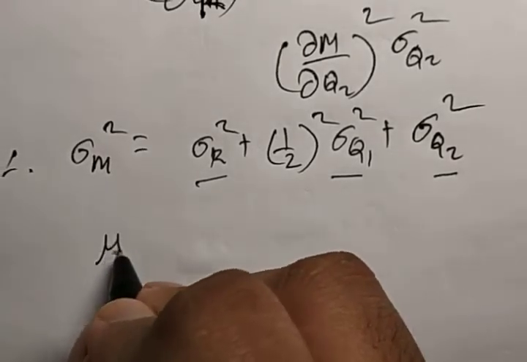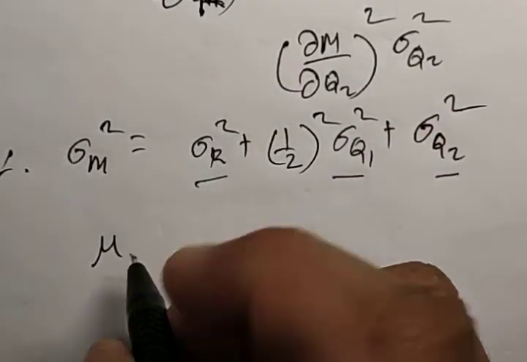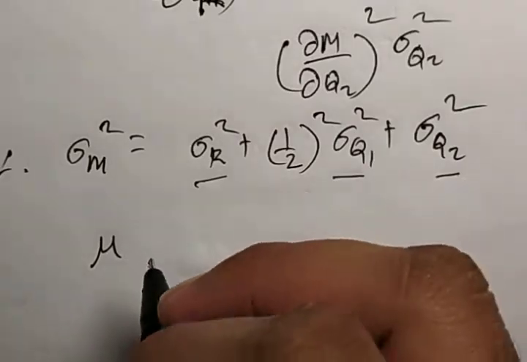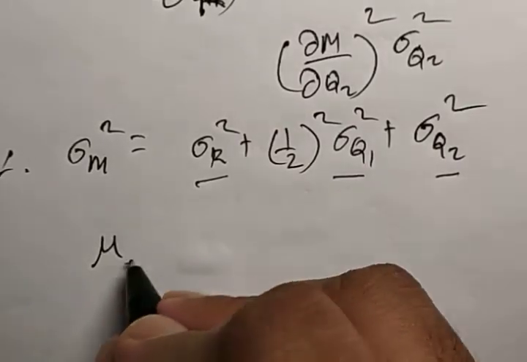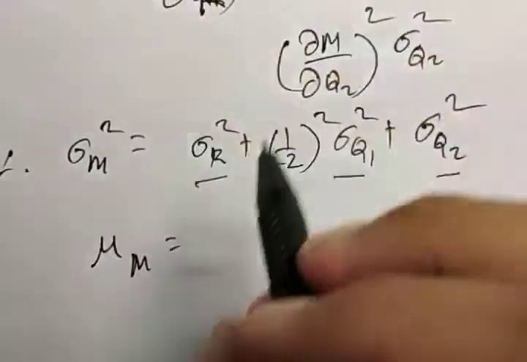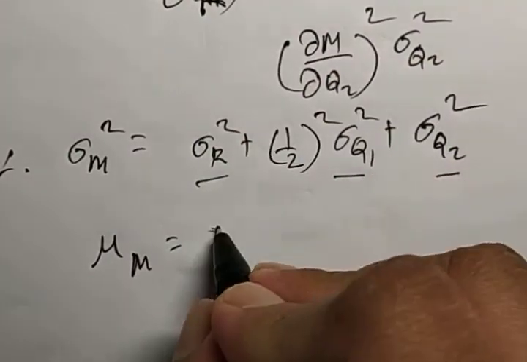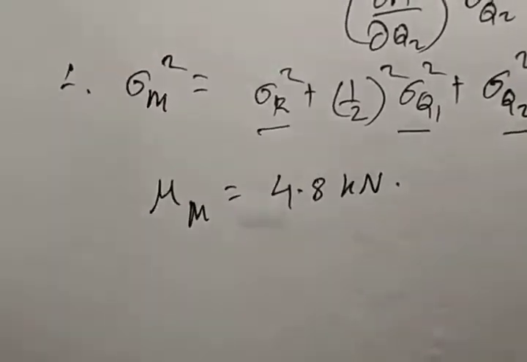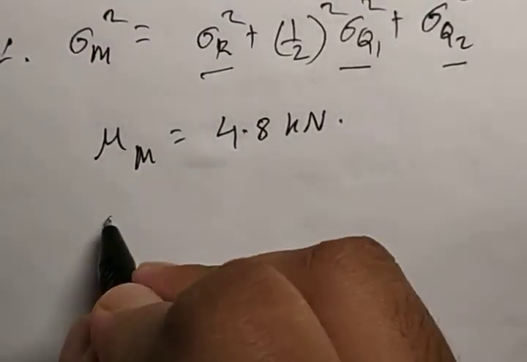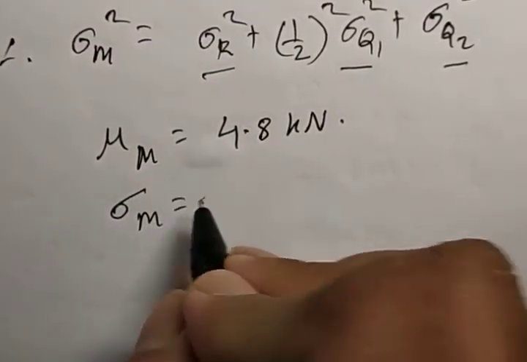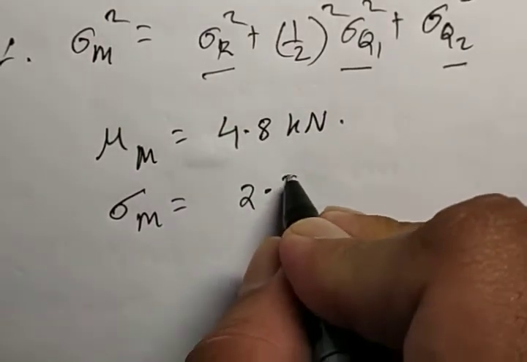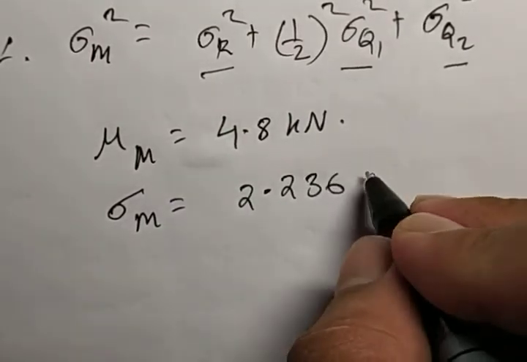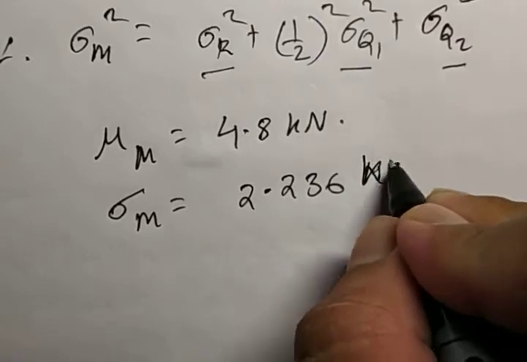I already have the values because I'm just seeing it from the book. So mu m, if I put it in that equation, I get 4.8 kilonewtons, and sigma m, when I put in that equation, I get 2.236 kilonewtons.